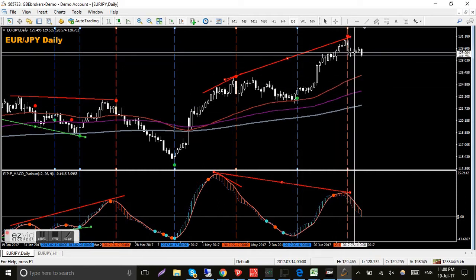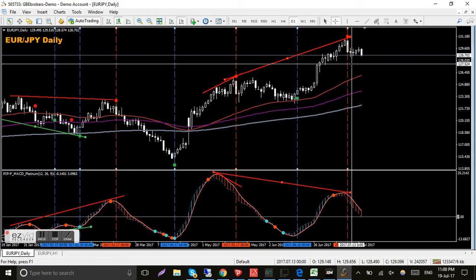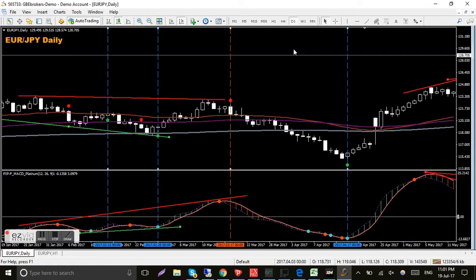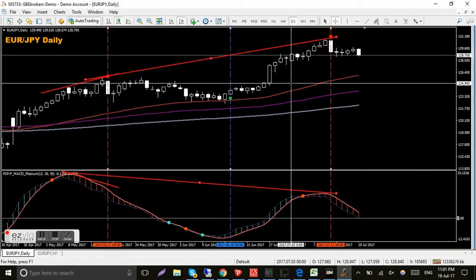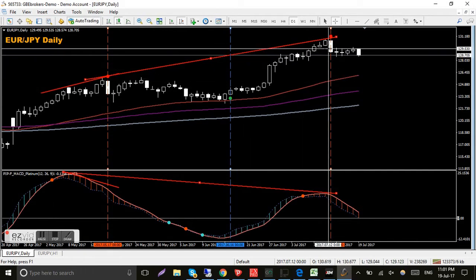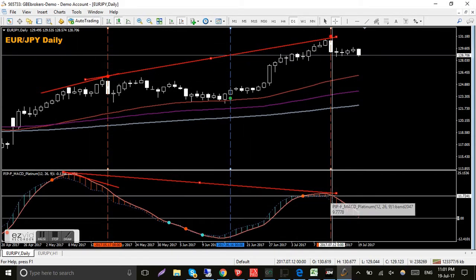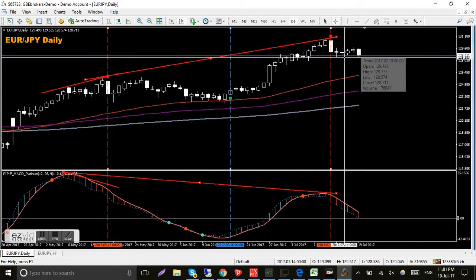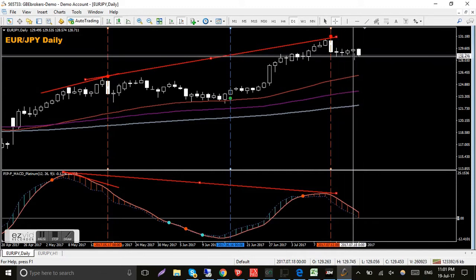So we'll have a look from this area here. So there's your sell signal there. Look, there's big bearish divergence. So from this area here, we're looking only at sell trades. So it's only been 1, 2, 3, 4, we're on the 5th day now.